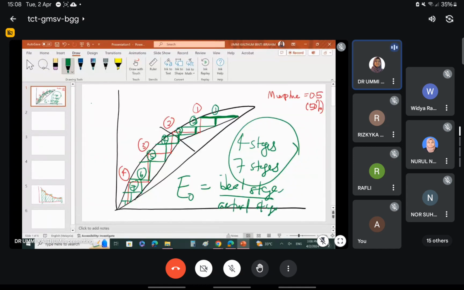So ideal stage is 3, actual stage is 6. Okay, no need to include the reboiler. Saya rasa itulah, saya pun dah lupa pula. Saya rasa tak perlu masukkan reboiler. Maksudnya hanya stages sahaja. Clear? Boleh, madam. Alright. Okay.